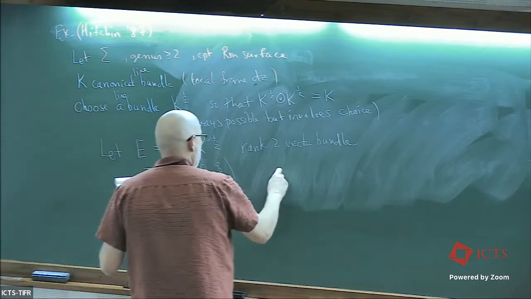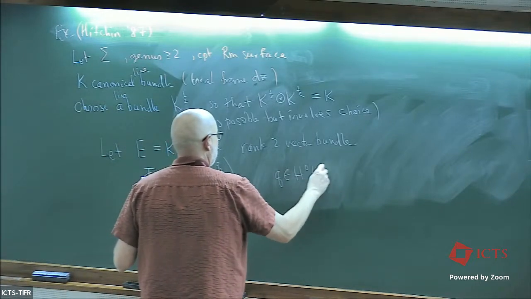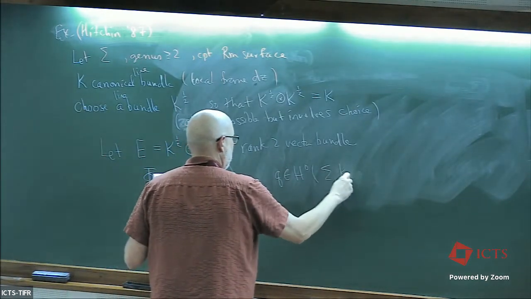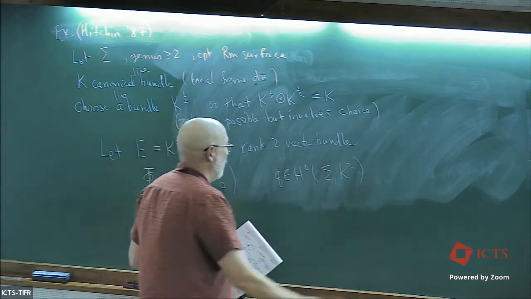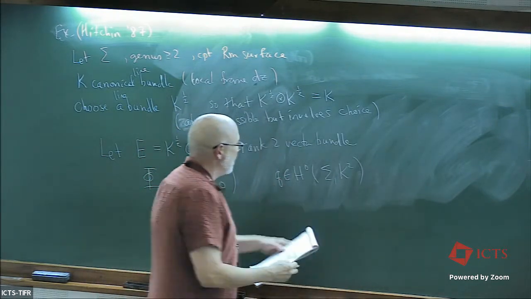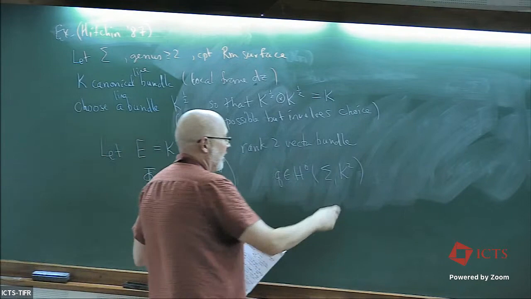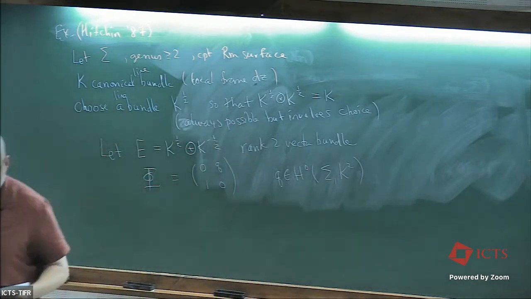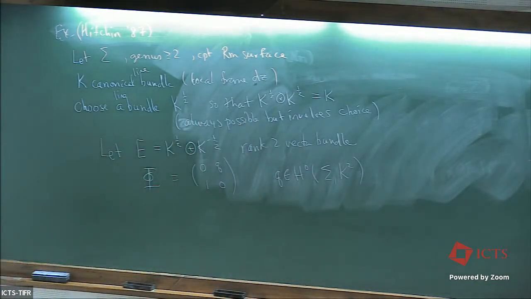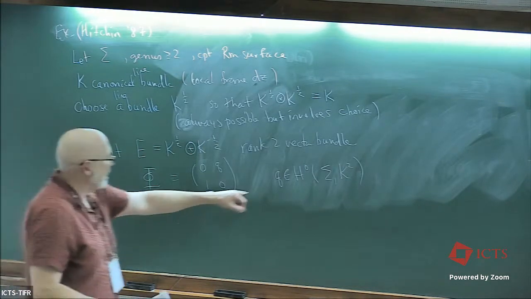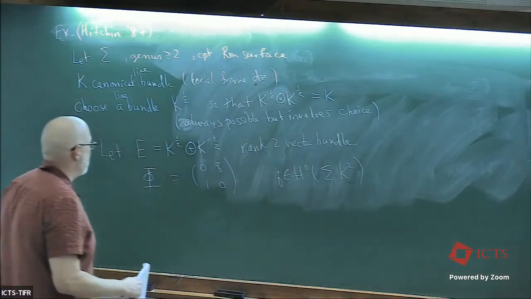Q is going to be a holomorphic quadratic differential. So k squared means that this is going to be locally like, essentially like our alpha before, a holomorphic function times dz squared.